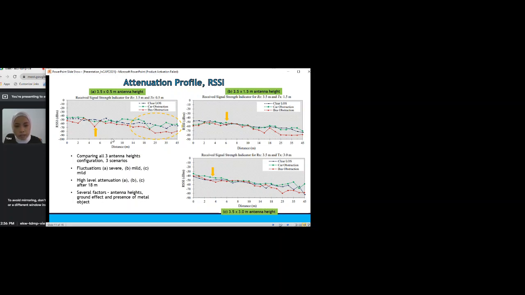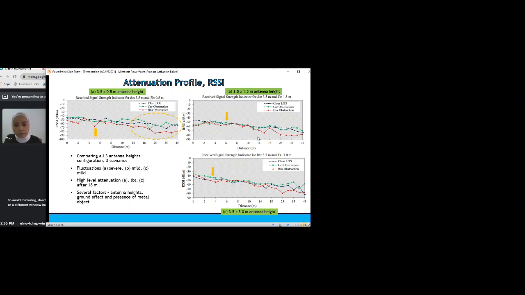Before we performed the experiment and channel measurement, we conducted a maximum Fresnel zone allowable test. So it is at least 1 meter. If there's an obstruction below 1 meter height, ground effect will take over. So that's one of the reasons the signals fluctuated really severely here.